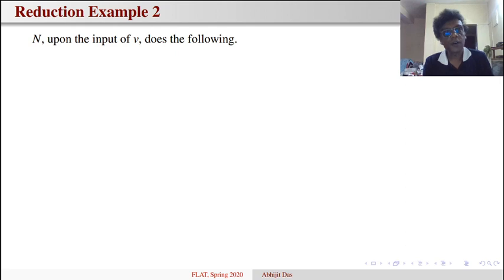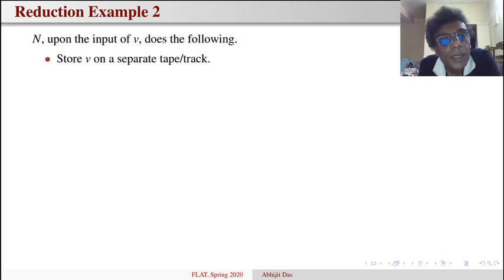And the behavior of N is like this. Upon input, N has an input v, M has an input w, but N has an independent input v. It does something slightly more complicated than in the reduction example 1. It does not immediately work on its input v, but stores it in a separate tape or track for use later.